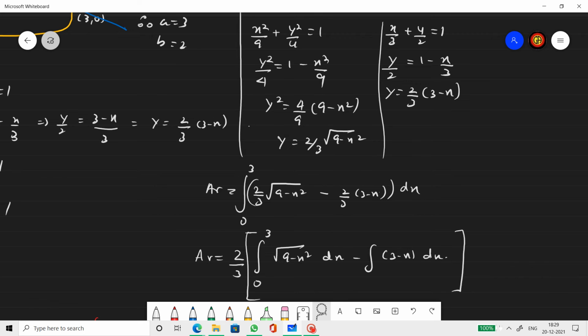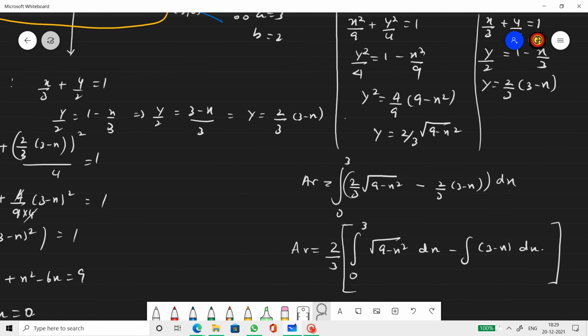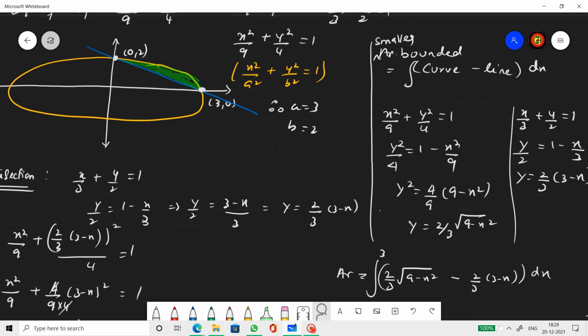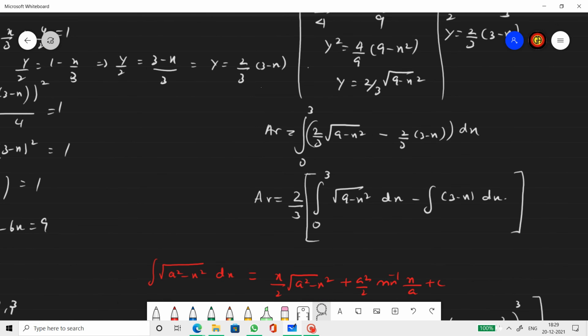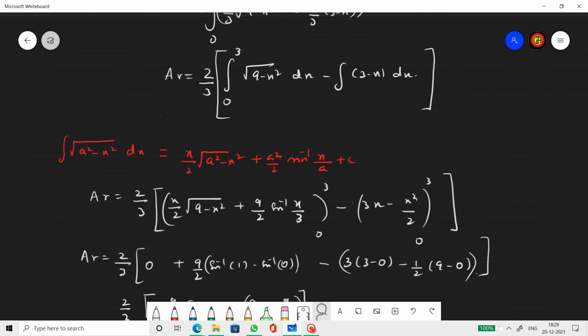Now since we are doing it with respect to dx, we are doing it for the x-axis. So what is the x limit? 3 upper limit, 0 lower limit. So 0 to 3. Now integrate them normally, as we integrate root of a square minus x square. The formula is written over here, so that is applied. The integration of 3 minus x is 3x minus x square by 2.